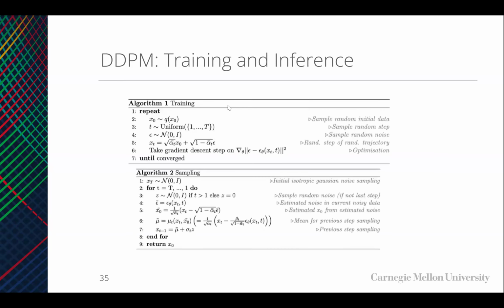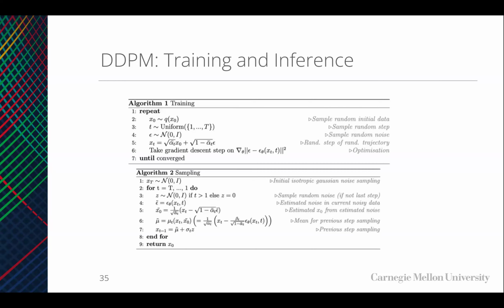Right, so you arrive at these training and sampling algorithms. In the training step, you sample the initial input, the denoising time index, and a random sample from the standard normal Gaussian, and you calculate xt, and you train your model to approximate whatever noise you sampled.